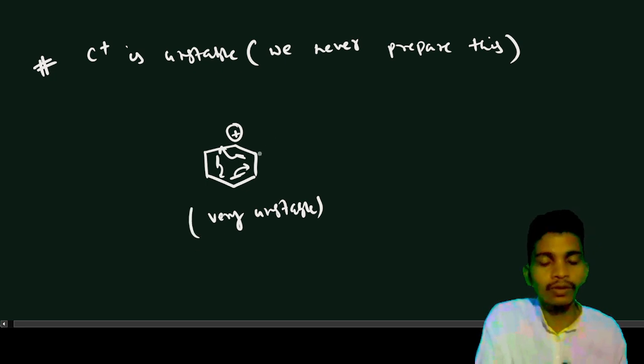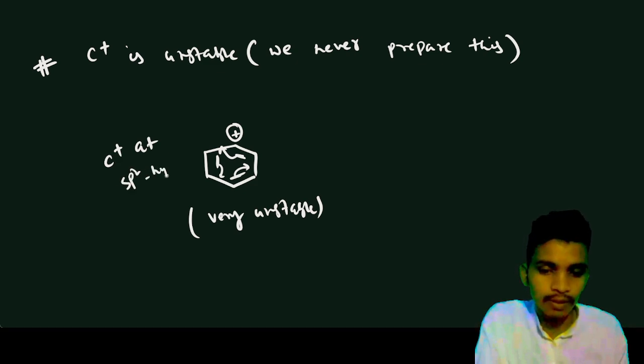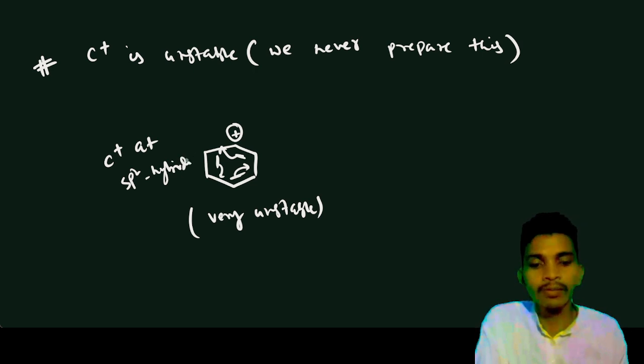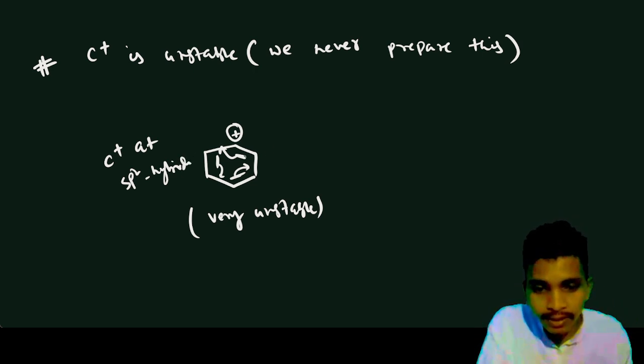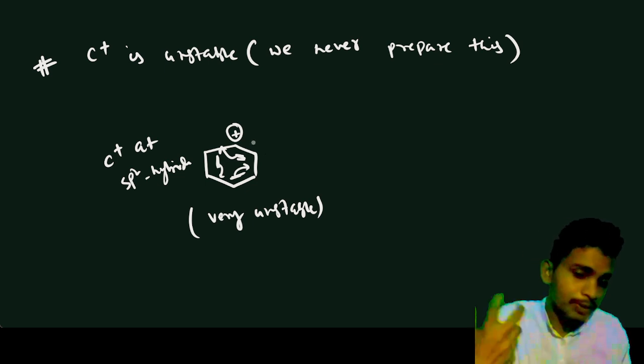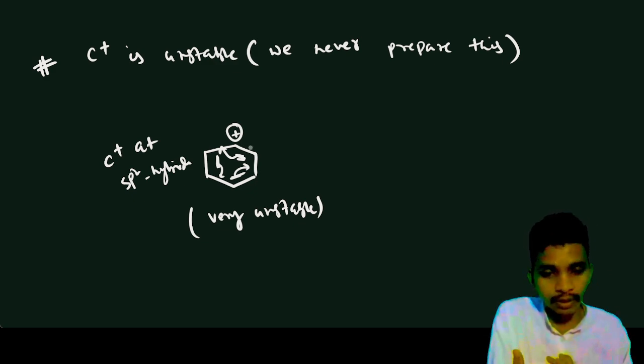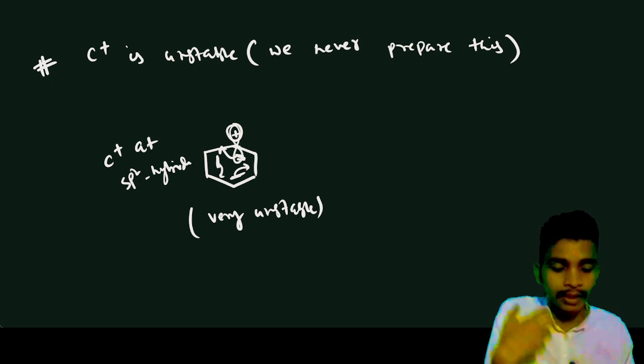You can write that this carbocation is sp2 hybridized. These bonded electrons are busy in conjugation, and why are they busy? Because they are getting aromaticity, and aromatic is very stable, so they will never give electrons to these vacant orbitals.